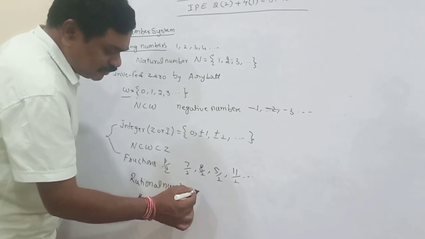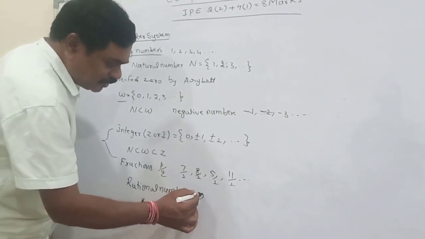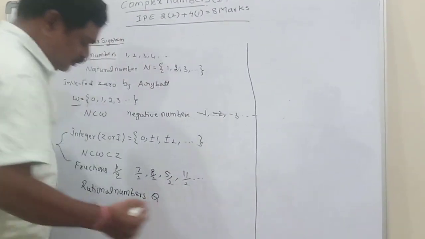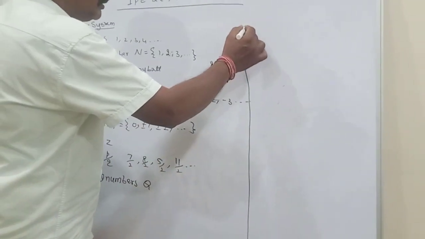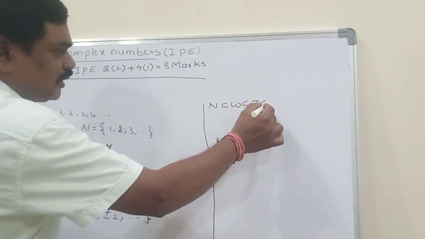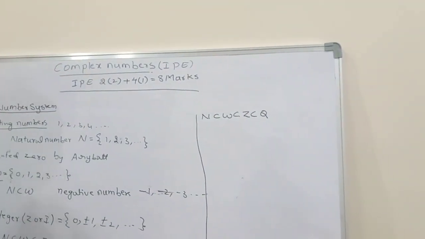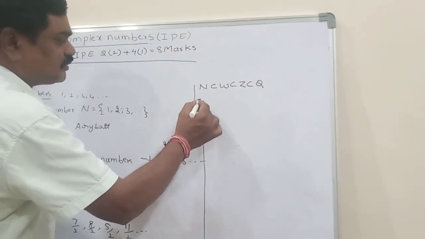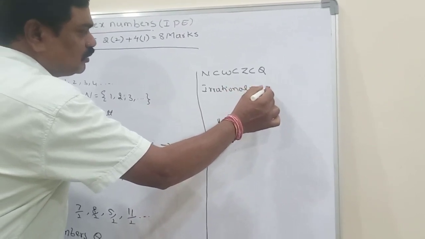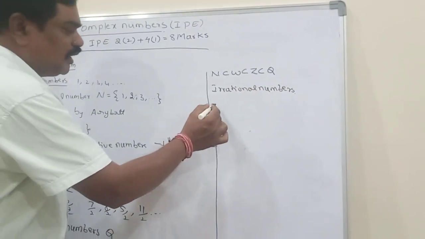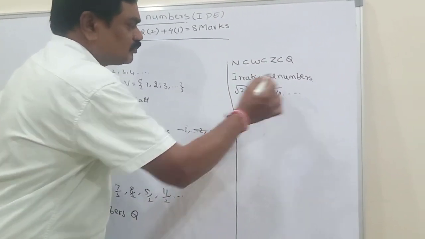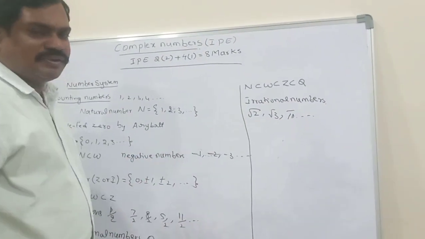Rational numbers are represented by Q. So N is a subset of W, a subset of Z, a subset of Q. Then irrational numbers are introduced. Irrational numbers are like root 2, root 3, pi and so on.